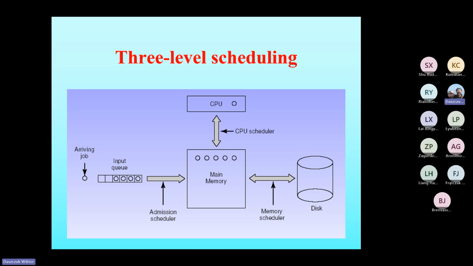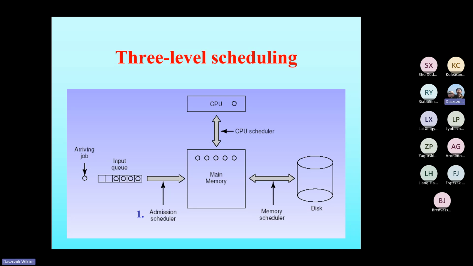Here it is the admission scheduler. It is used in batch systems when we allow a job to enter the batch. It is to schedule the computer as a whole. The resource is the computer as a whole.